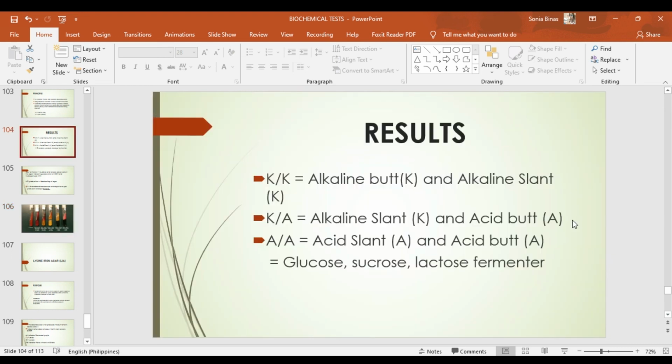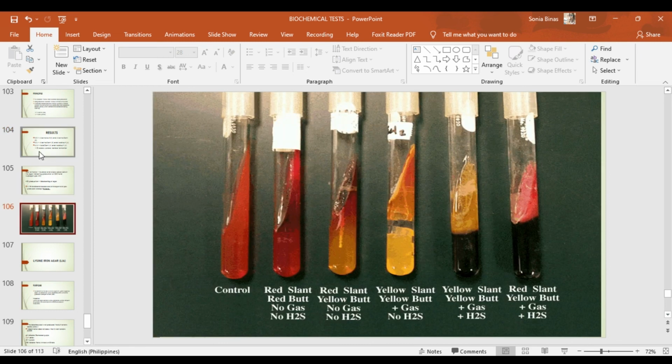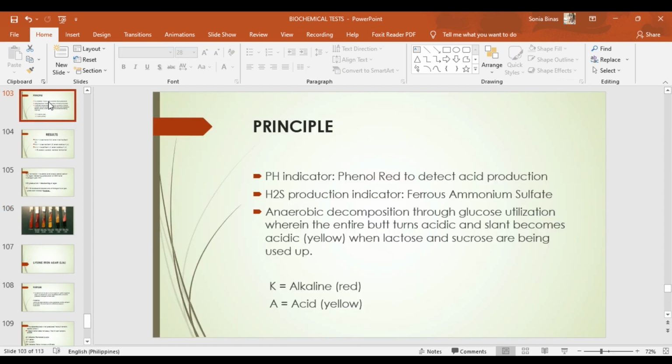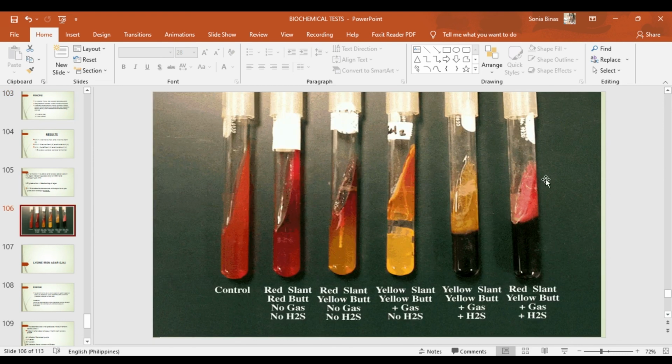Di ba sabi dito kapag alkaline, it is red color, and kapag acid, it is yellow color. So, eto sabi red slant, which means it has an alkaline slant.